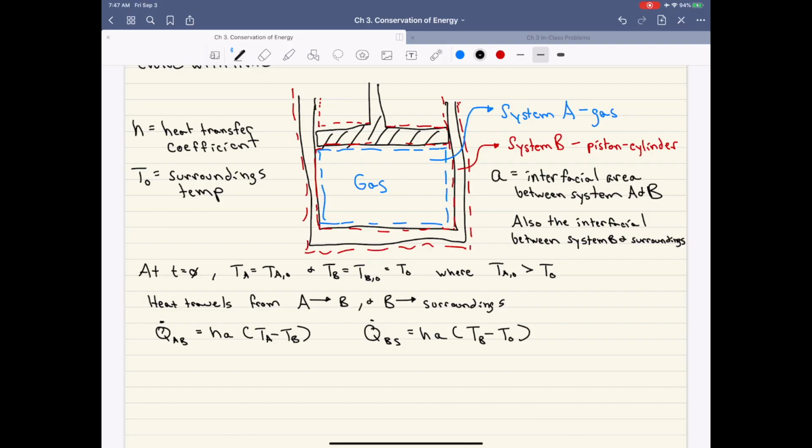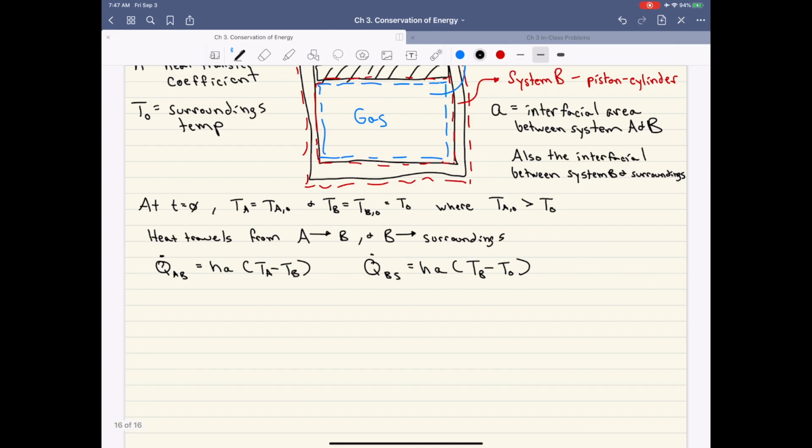And so our goal in this problem is we want to develop an equation that describes TA and TB as functions of time specifically. And so what that means is that we're going to need to solve two separate differential equations.